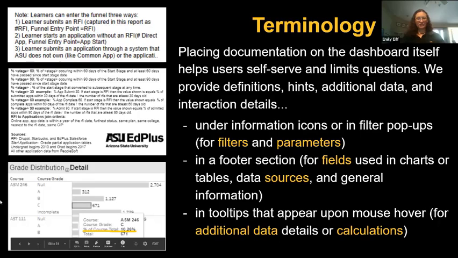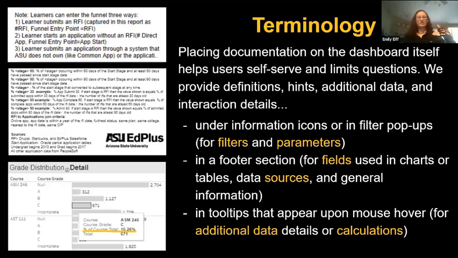Another one I found on a different chart, we had a list of courses, course completion count, so by course and the number of students that completed that course. And if you hovered, you would get a tooltip pop-up that gave you the average grade received in that course. So it's just another depth of detail, if you have that available in your data, that you can provide to your users that might not be easily displayable on your current visualization.